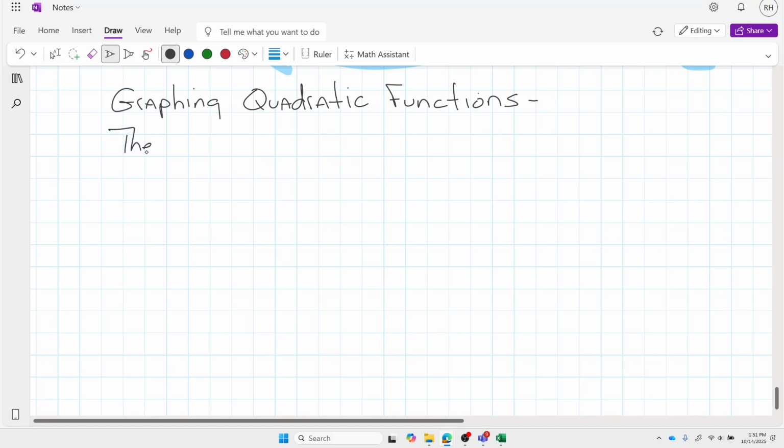And the graph of a quadratic is called a parabola.